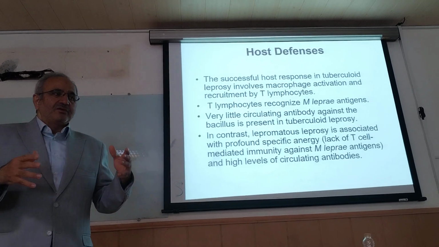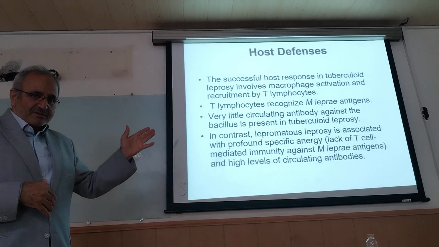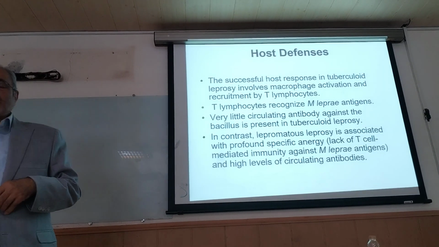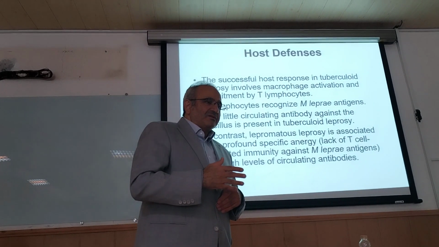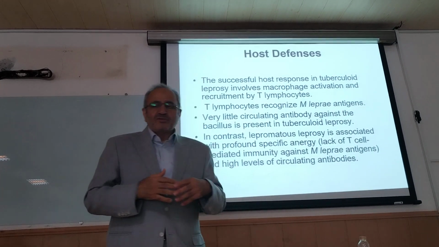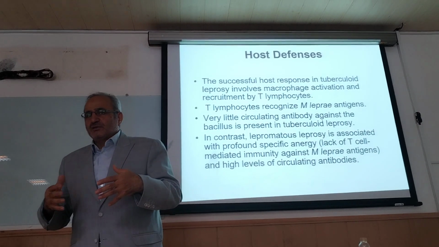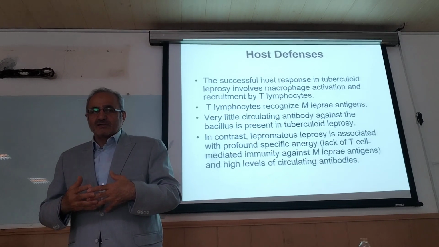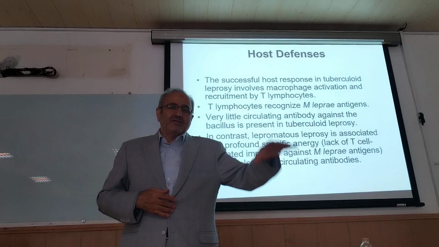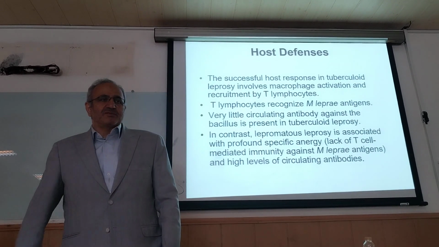So you have tuberculous leprosy. On the other hand, if T helper 2 is active, the body starts to produce antibody. So humoral immunity is active. Because of this, we have lepromatous leprosy.